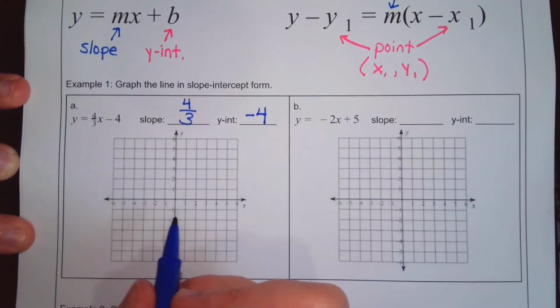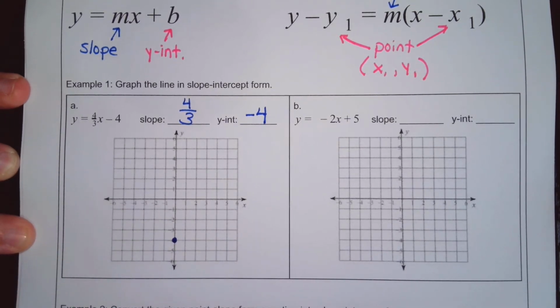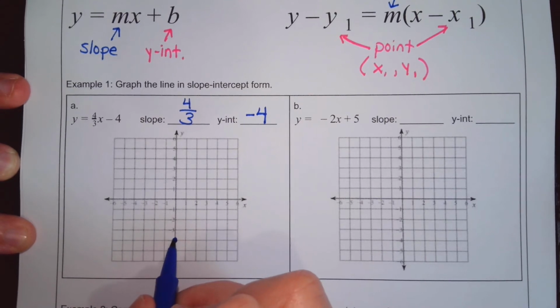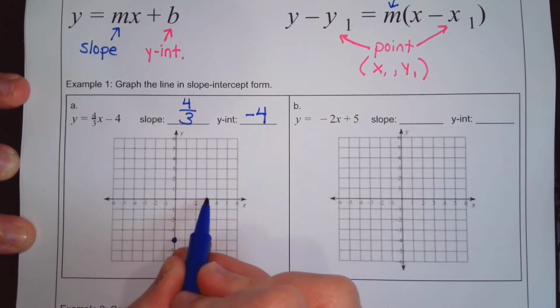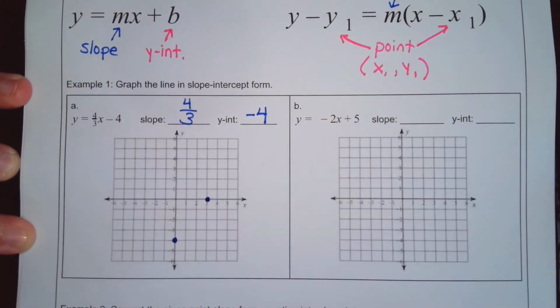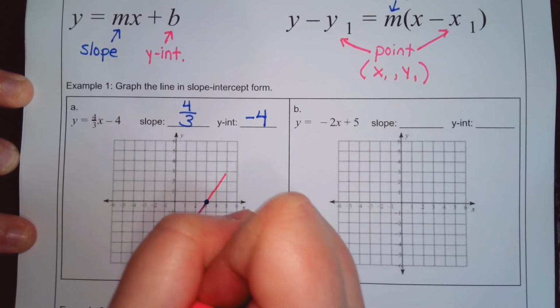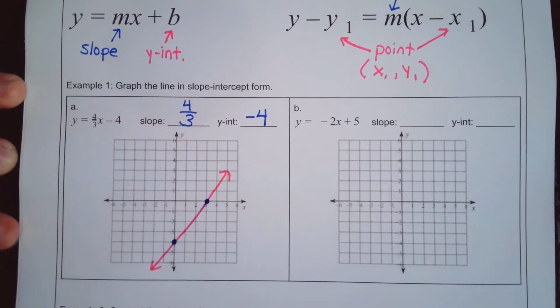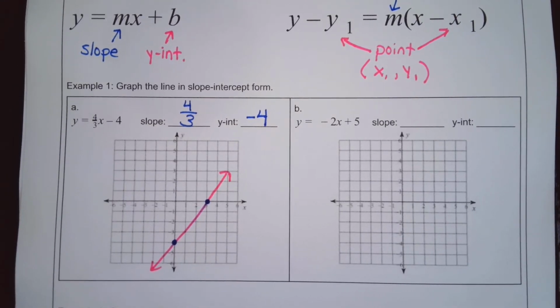So we plot the y-intercept and then apply the slope. So rise 4, 1, 2, 3, 4, run 3, 1, 2, 3, and then we just connect the points as a line. It's going to be much easier on Delta Math for you guys to graph these because you don't have to have a ruler or anything like that.